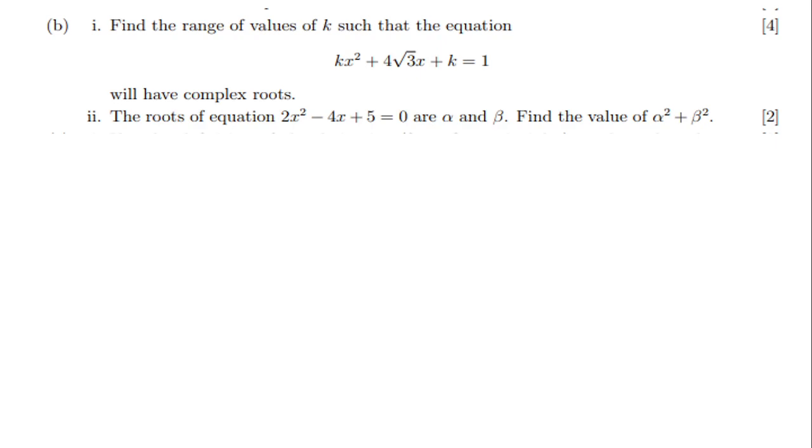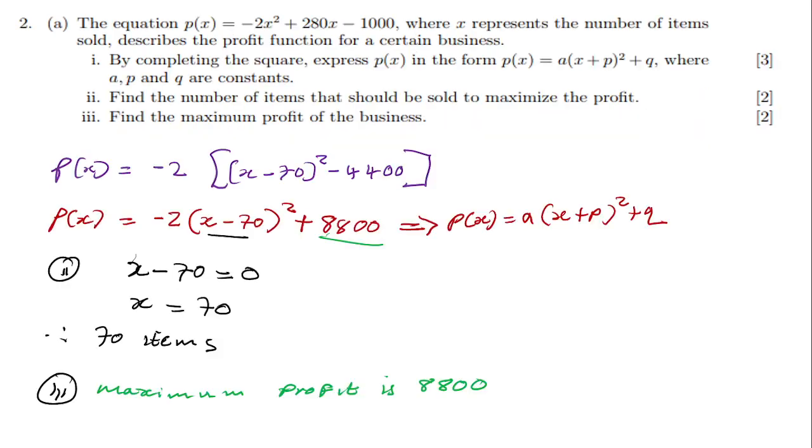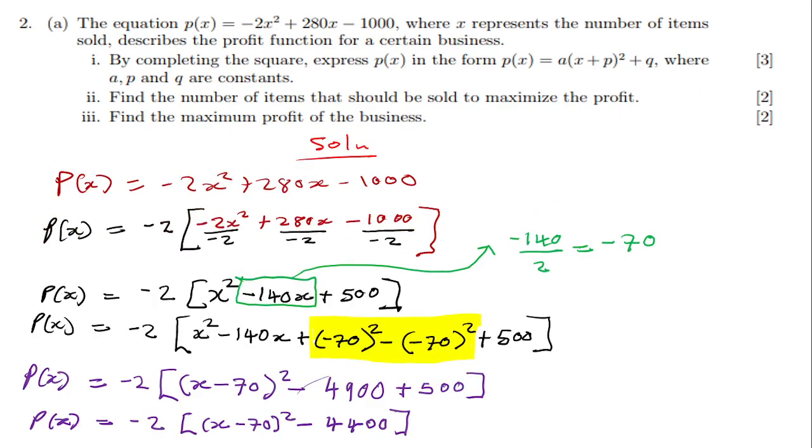Sir, I have a question on the first solution that you were solving. Yes, there, where you have to write P(x) is equal to -2, open bracket x to the power 2 minus 140x.